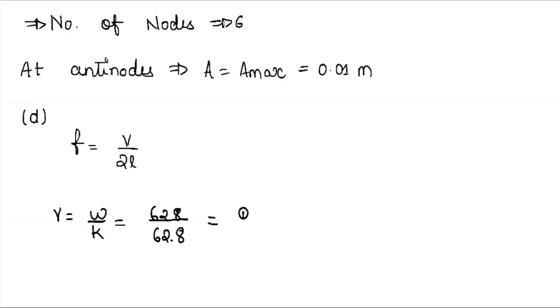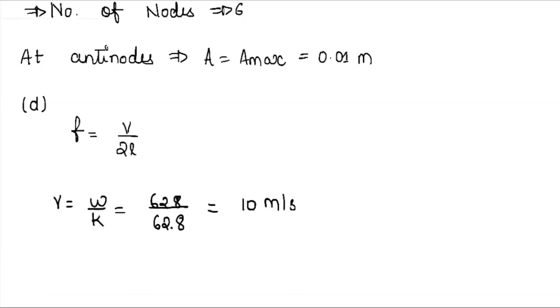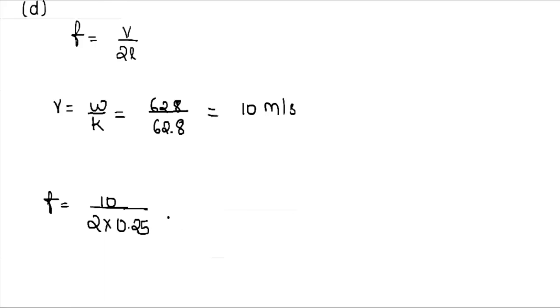So our velocity will be simply 10 meters per second. If we put this in our formula, f will be 10 upon 2 into the length, which is 0.25. If we simplify it, the denominator is 0.5, so it will be 100 by 5, which is 20 hertz. So our fundamental frequency will be 20 hertz.